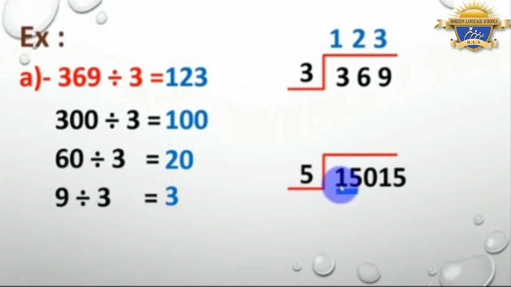So 15 divided by 5 equals 3. Then 0 divided by 5 equals 0.